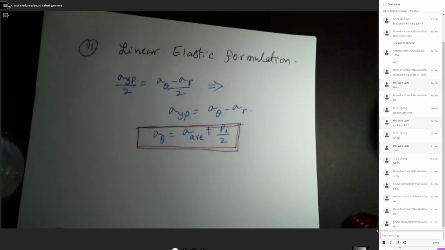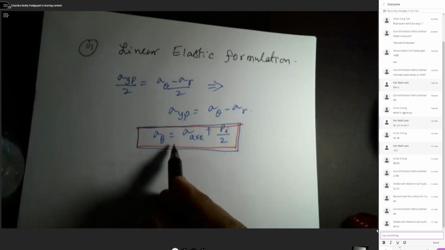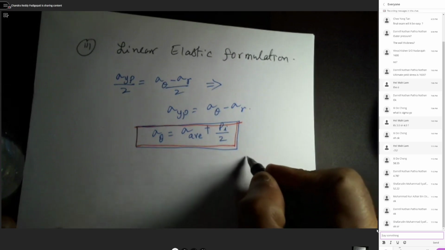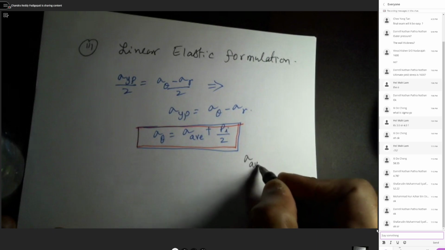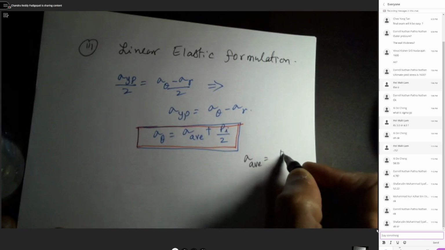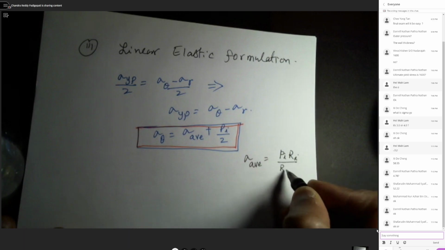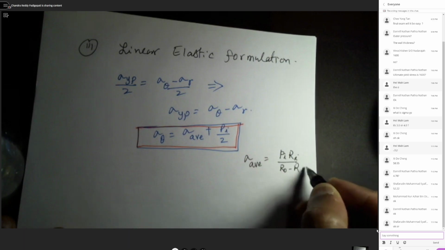So now here we substitute sigma average as pi ri over ro minus ri, the thickness.